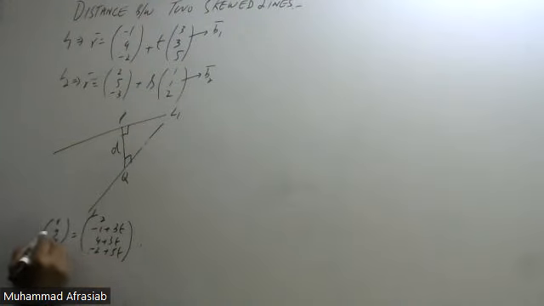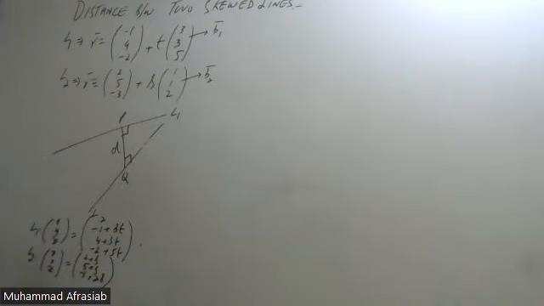Similarly, for line L2, (x, y, z) is equal to (2 plus s, 5 plus s, -3 plus 2s). Both P and Q lie on lines L1 and L2.